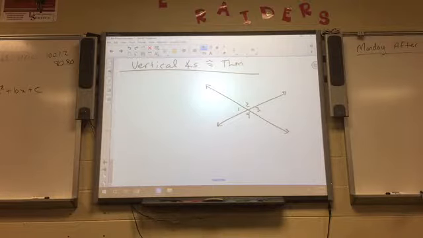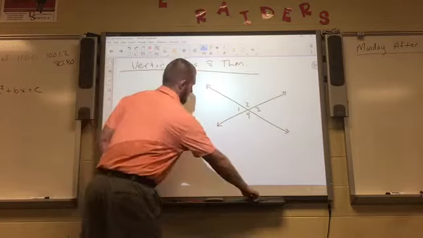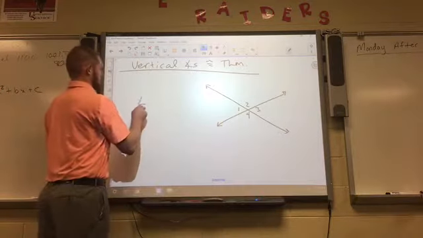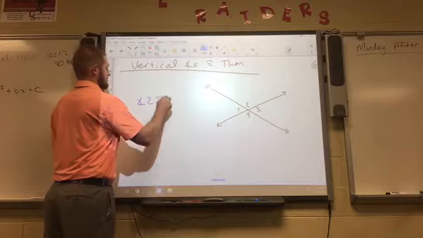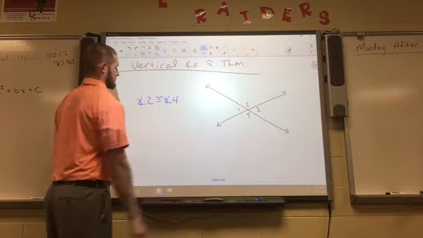Paul, can you give me one pair of vertical angles? 2 and 4. Does everybody agree? This theorem says if they are vertical angles, they must be congruent to each other. So, if Paul says 2 and 4, that means angle 2 is congruent to angle 4.